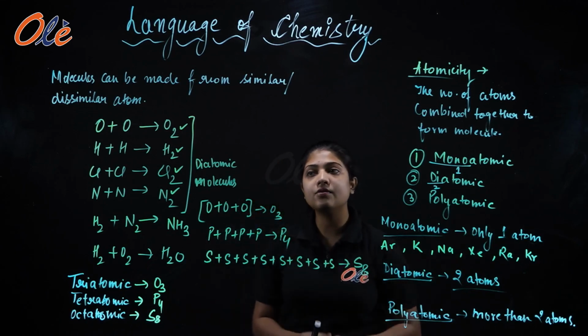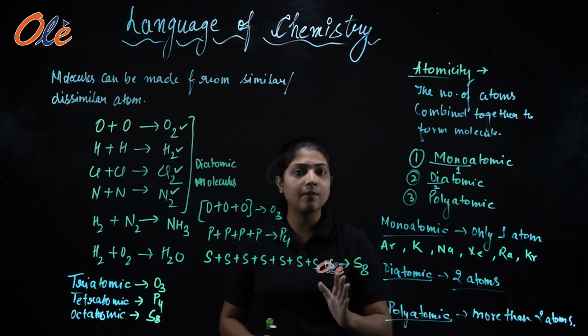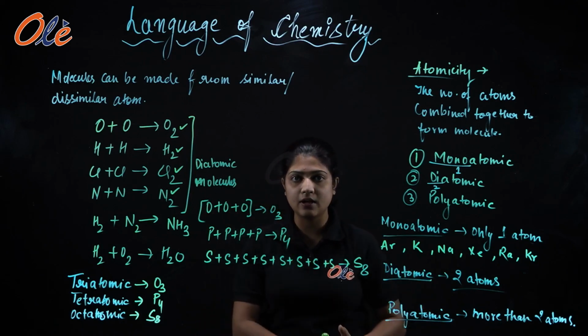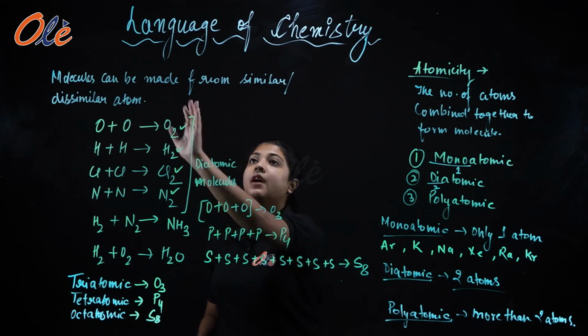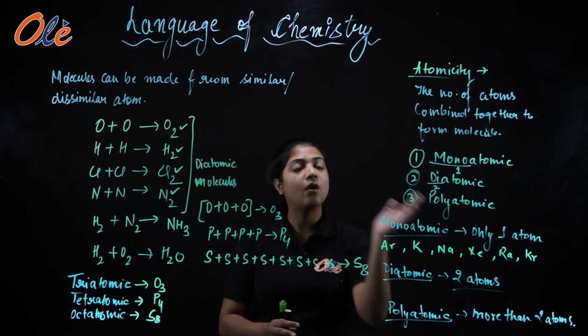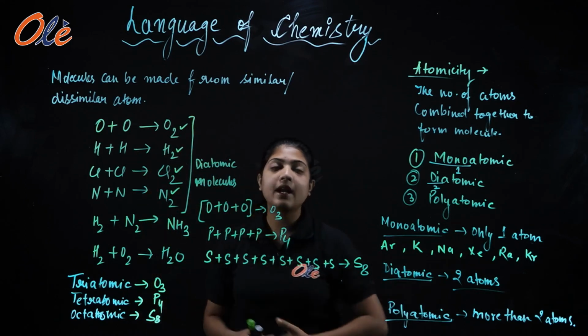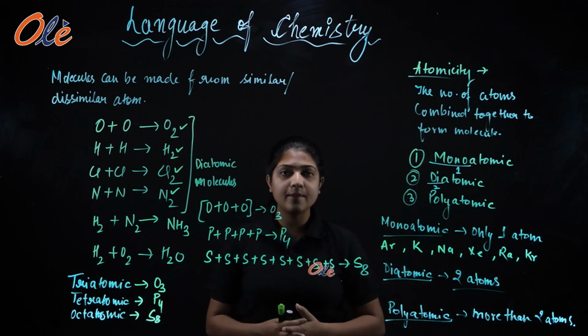Right? So as you have known, molecules are the smallest unit of a compound, and they have the capability of existing alone or independently. Molecules can be formed by similar atoms or by dissimilar atoms. Again, molecules have atomicity.